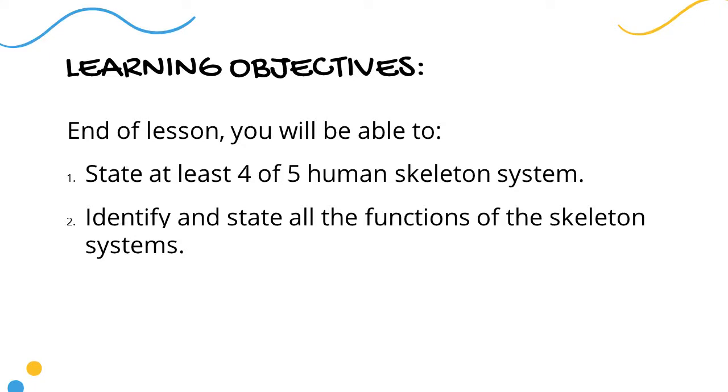For today's learning objectives, by the end of our class today, you will be able to: one, state at least 4 or 5 human skeleton systems; and number two, identify and state all the functions of each skeleton system.